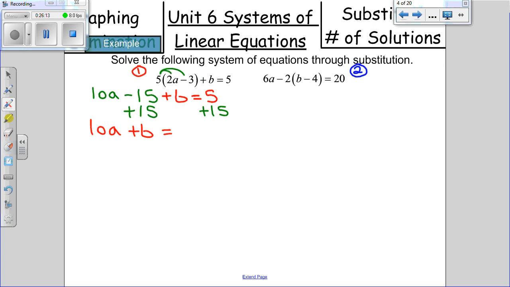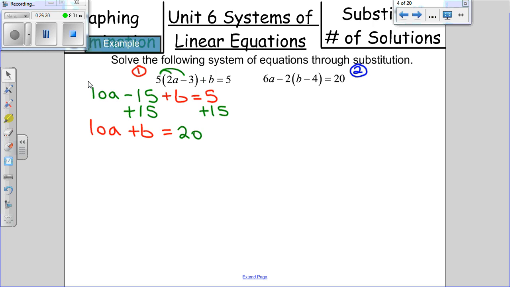Every time I do something algebraically, I show it, and then I rewrite my entire equation. It makes your life so much easier. Now that I'm at this stage, if I want to get the b by itself, what do I have to move?